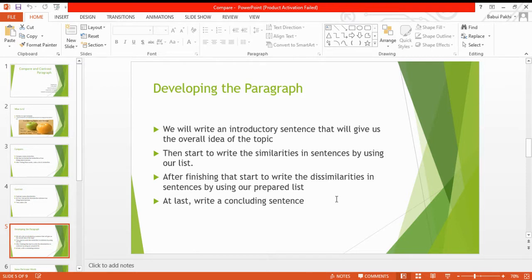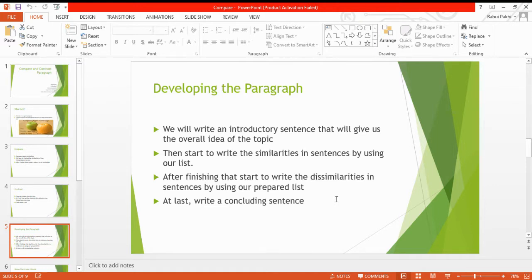Similarly, when you put the dissimilarities in sentences by using the prepared list, there will be the contrast between those two places, persons or things. So to find the comparison between two things, we write down the similarities, and after that we write down the dissimilarities for the contrast.